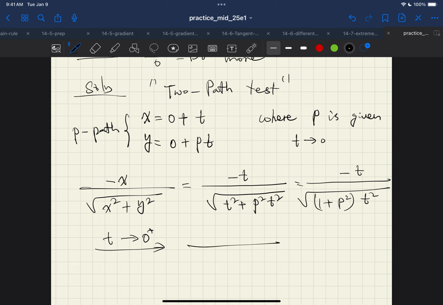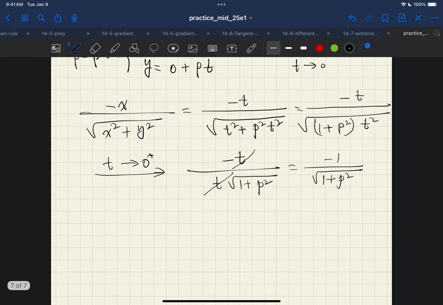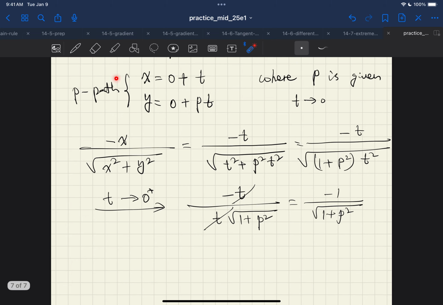So when I do this, we can take out t without absolute value. And then t and t cancel, which gives negative 1 over the square root of 1 plus p squared. This tells us there's no limit, because the limit along this p path is p dependent.